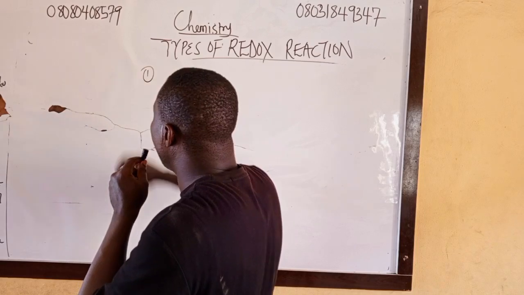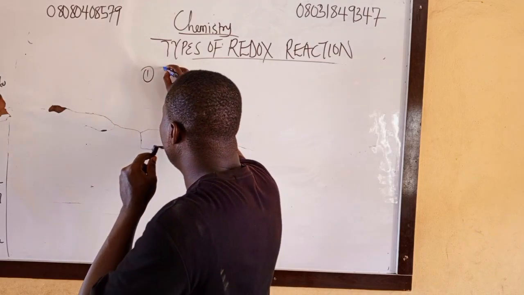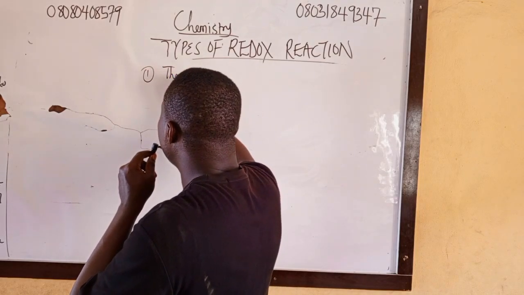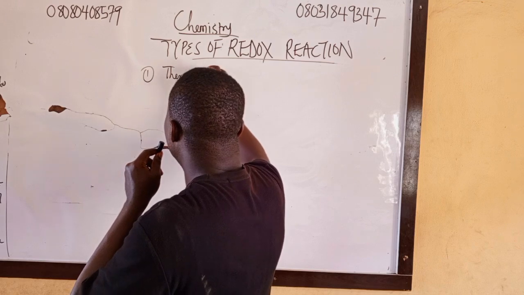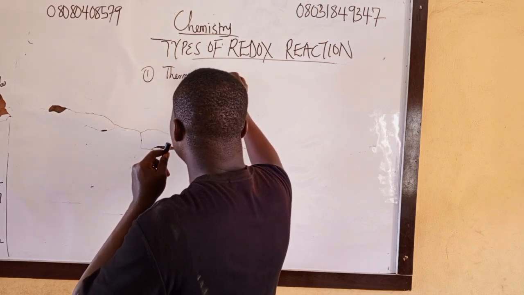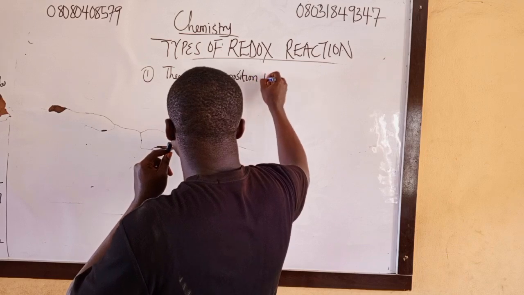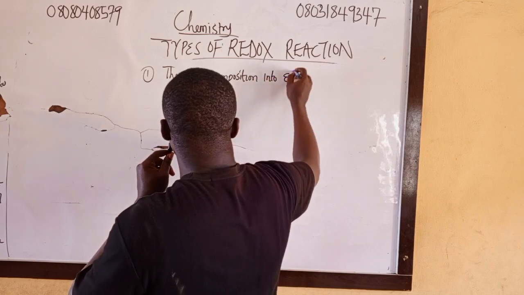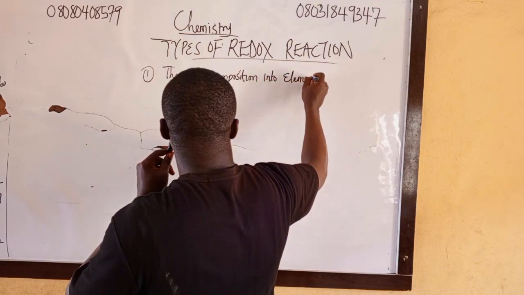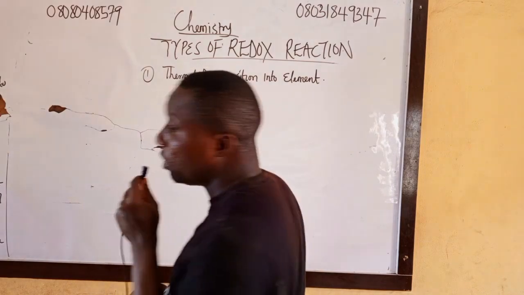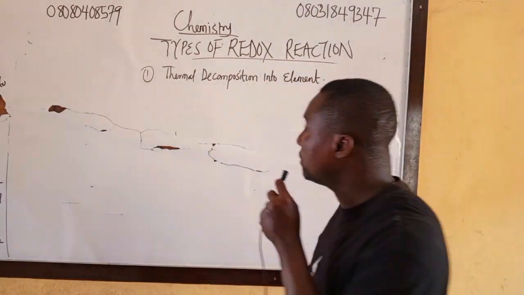The first type of a redox reaction is thermal decomposition into elements.